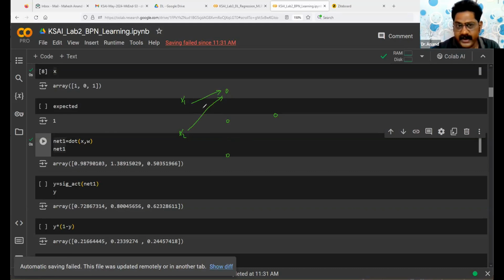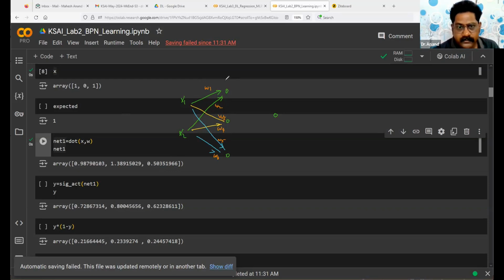There we have only 4 weights from the input to the hidden, W1, W2, W3, W4, while we discussed the mathematics. Here, because 3 neurons are there, I'm going to draw it like this. You can number them: W1, W2, W3, W4, W5, W6.